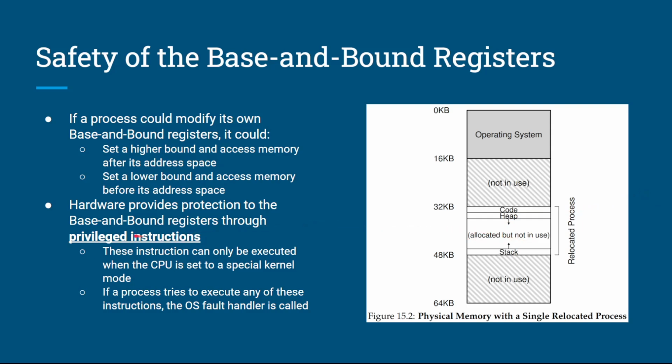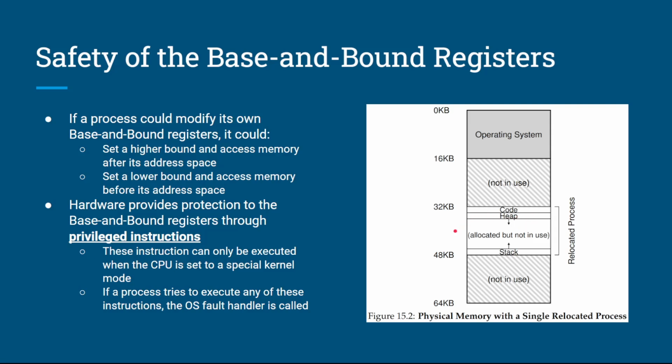We do this by using what are called privileged instructions. Privileged instructions can only be executed whenever the actual CPU is set to a special mode. There are two modes. There's kernel mode, which has access to those privileged instructions, and then user mode, which does not have access.